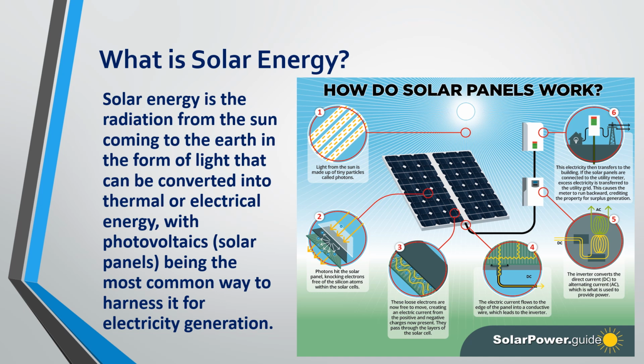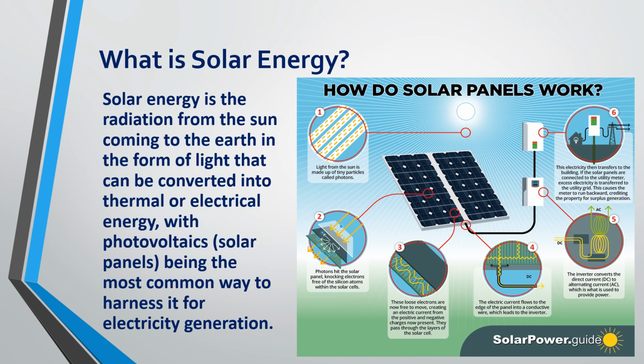Now, how do solar panels work? Light from the sun is made up of particles called photons. These photons hit the solar panel, knocking electrons free from the silicon atoms within the solar cells.